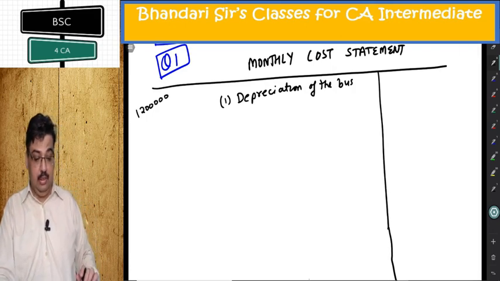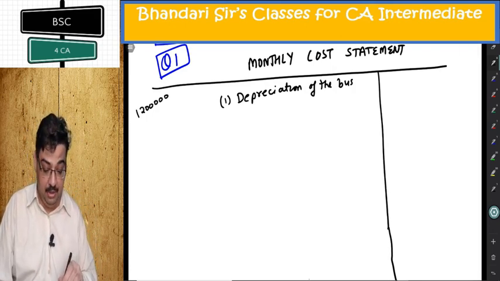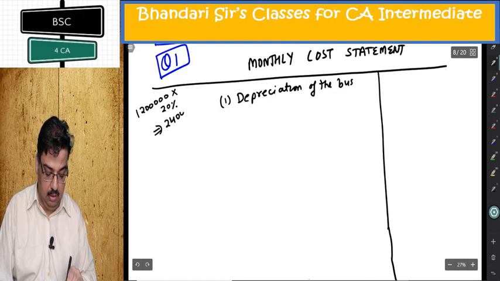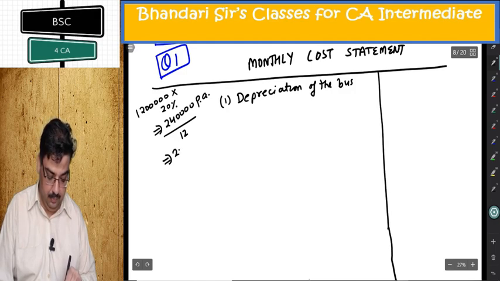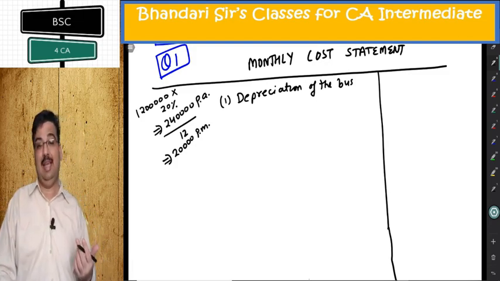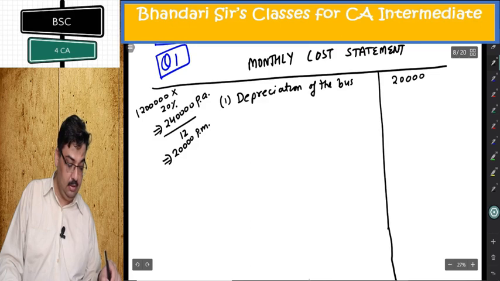Look for this, it is written second last item in this table. 20% is depreciation of the bus, but that is per annum. So 2,40,000 per annum. Divide by 12, 20,000 per month. So this I can show in working note or on a side for showing this calculation. 20,000 is depreciation.